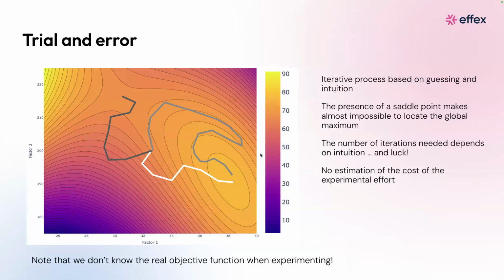So the presence of the saddle point can make things difficult for this trial and error, and the number of iterations depends a lot on luck. You don't have an estimation of the cost of the experimental effort, and the method doesn't work well when you have a larger number of factors.